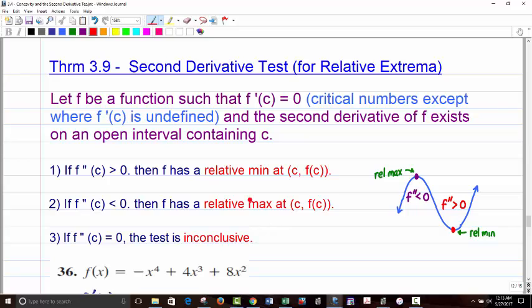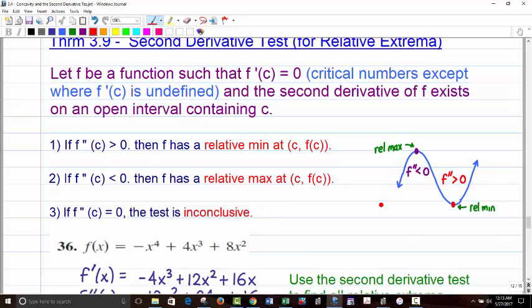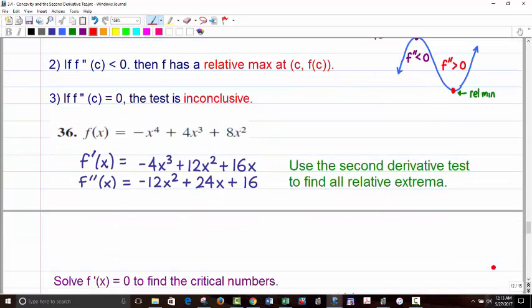So that would be correct right here. It doesn't seem logical, but as soon as you see it explained this way, it makes more sense. So the relative min would always occur in an interval that's concave up. Interesting. All right, so let's just try that out here. It's kind of an alternative way to do this instead of the first derivative sign chart.